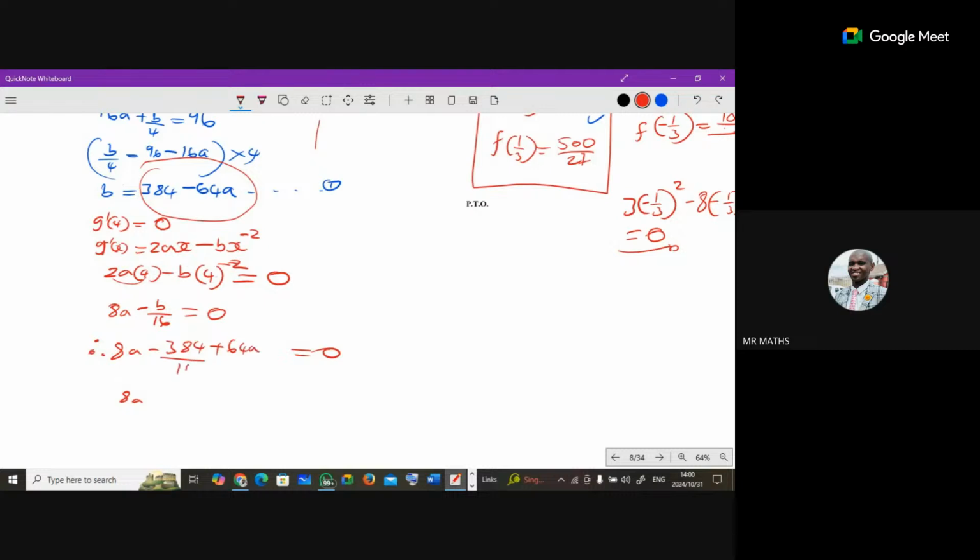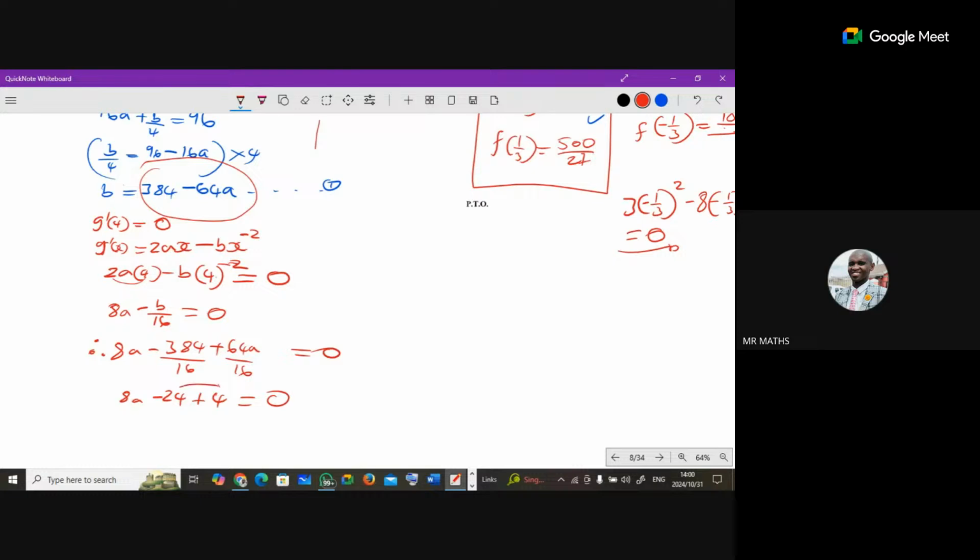Then split by 16, divide by 16. So you are saying 384 divided by 16 is going to be negative what? 24. Yes, sir. 64 divided by 16 is going to give us what? It's going to give us 4, 4a, which is equal to 0.